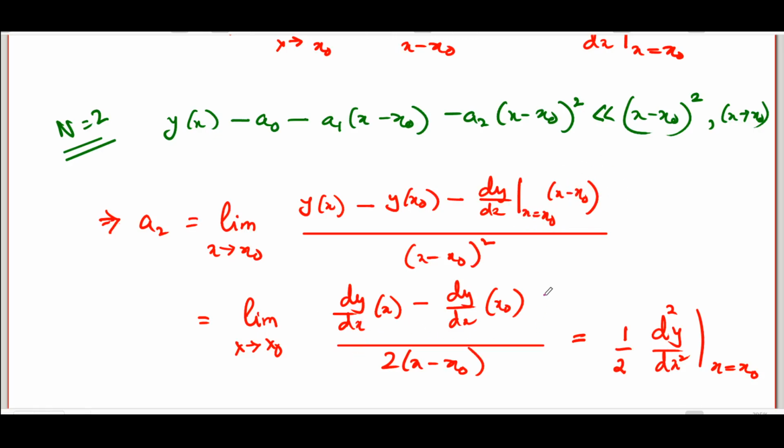That's the derivative of the numerator divided by 2(x minus x0). And now you can easily see that this is nothing but the rate at which dy/dx changes, apart from the factor of 2 that is, as x approaches x0. So this is half of d2y/dx2 at x equal to x0.